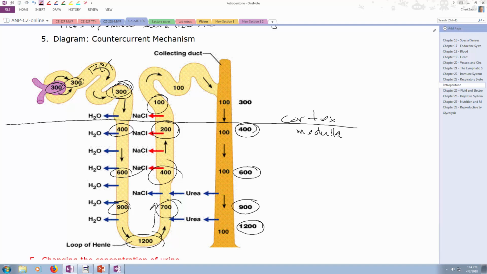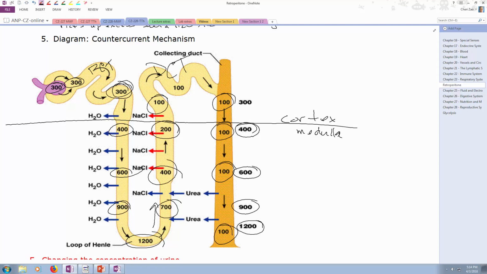And now we're in the DCT, and we are impermeable, or we're pulling out the same amount of solute as we were before. This is the area where aldosterone works if aldosterone is present. Take a look at the collecting duct, 100, 100, 100, 100. That means if we stay at that osmolarity, there is no movement of water out, correct?